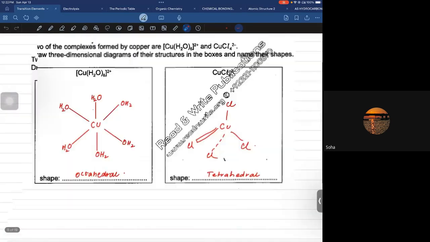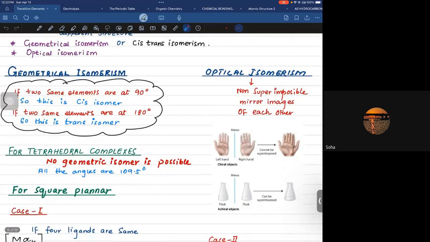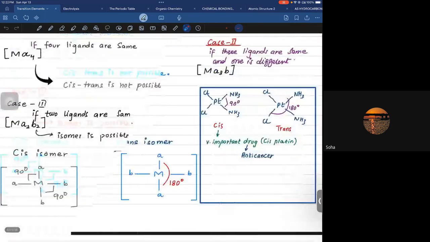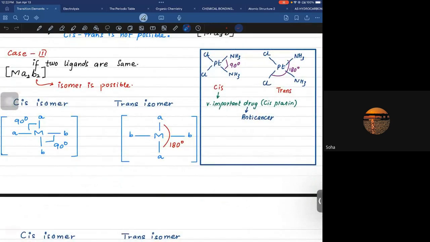Let's see another example. See this. The two same ligands are attached with an angle of 90 degrees, like this. So this is called cis.